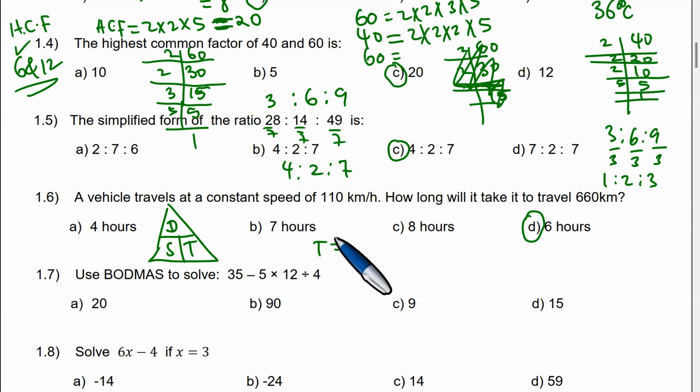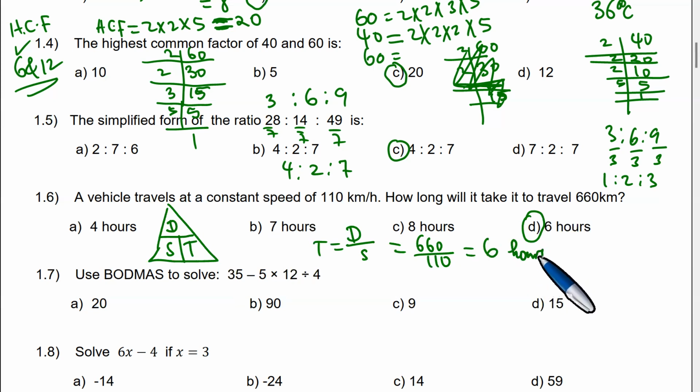So time is T, and time is the same as distance over speed. So the distance is 660. The speed is 110. And if you divide, it is 6 hours. And the answer is D.